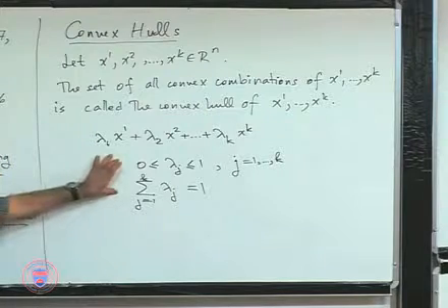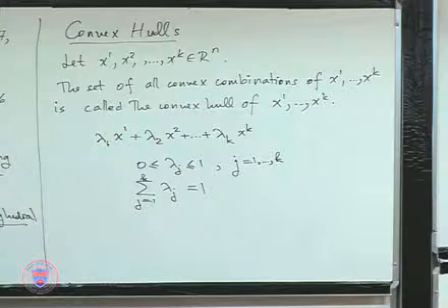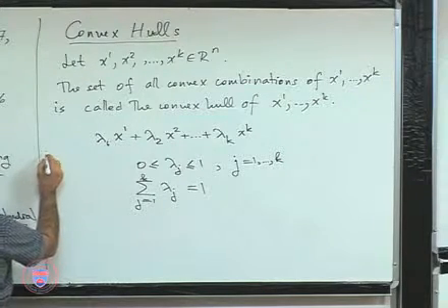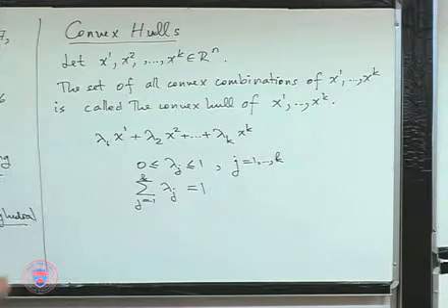Okay, so these last two conditions ensure that you have a convex combination. And the set of all such points is your convex hull.